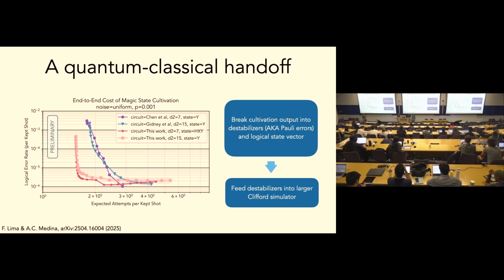I also believe, to the second part of your question, that does not directly apply to this particular scenario. It looks like a factor of 2, but on examining the circuits in more detail, what we found is that there are certain error mechanisms in the Y state preparation that are not there in the H state preparation and vice versa. So they're really just different plots. And this is maybe a false equivalence to some degree. Okay.